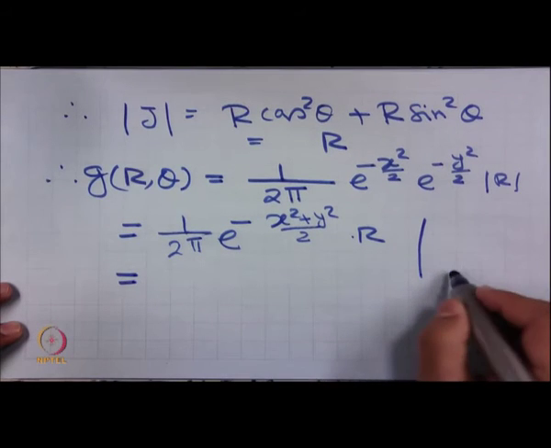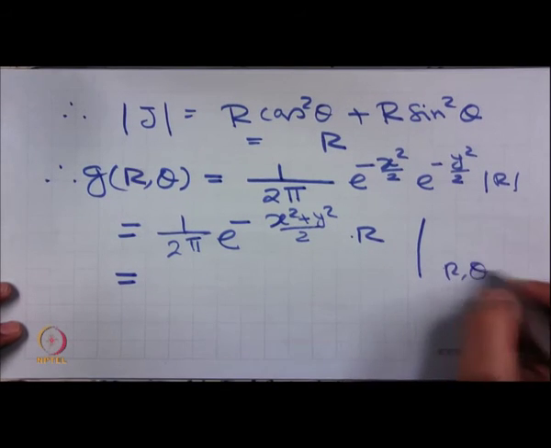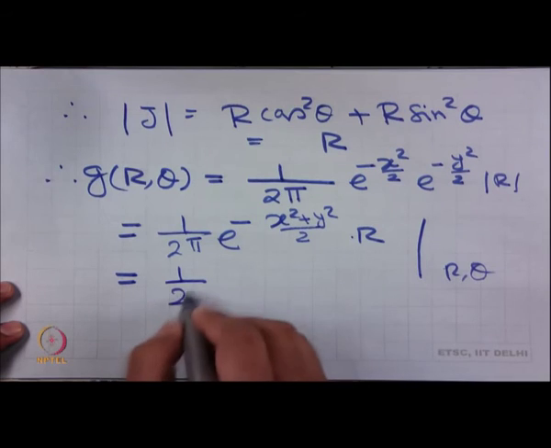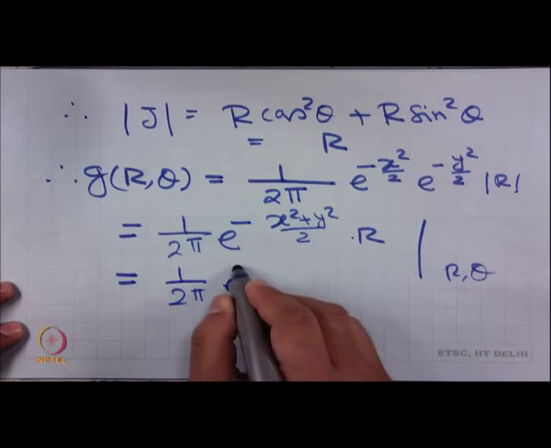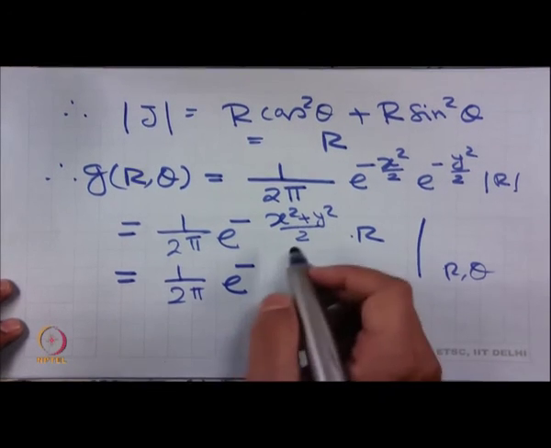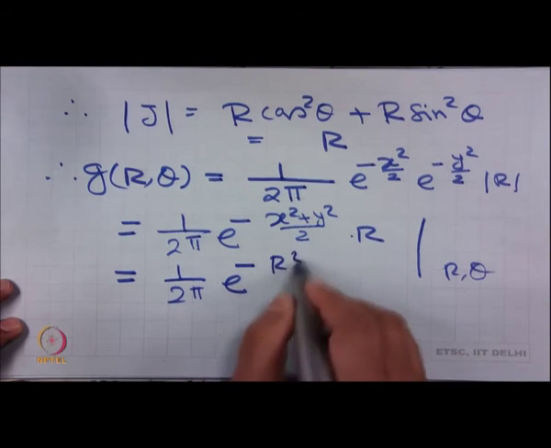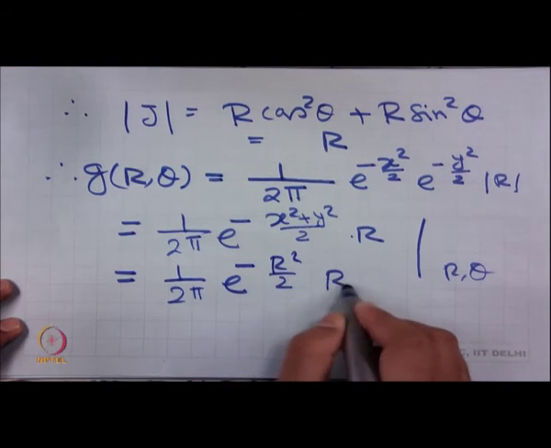Now, this has to be expressed in terms of r theta. Therefore, this is 1 over 2 pi into e to the power minus r square by 2 into r.